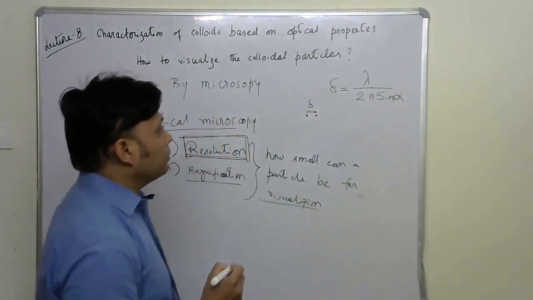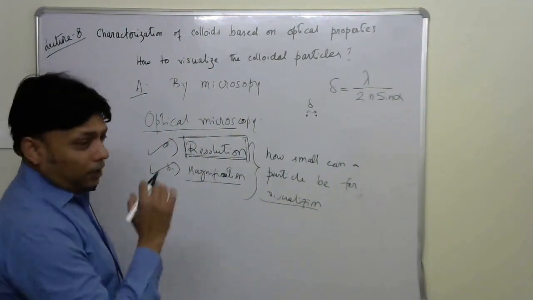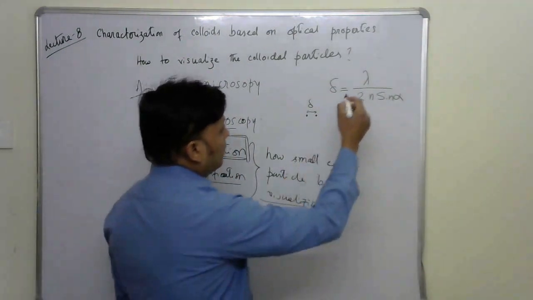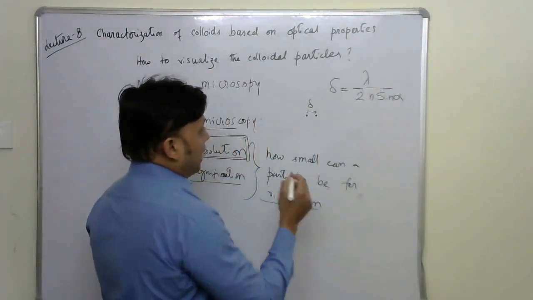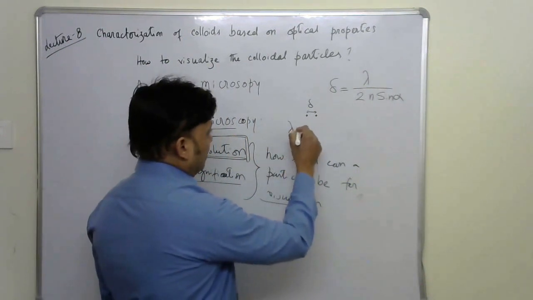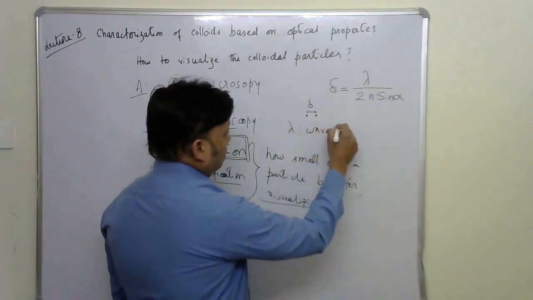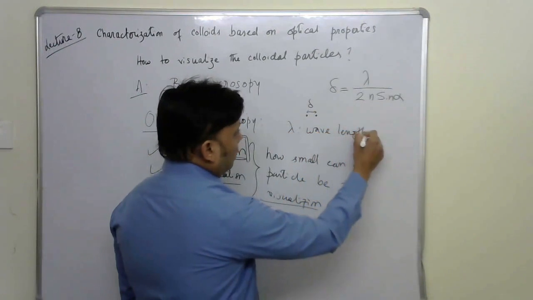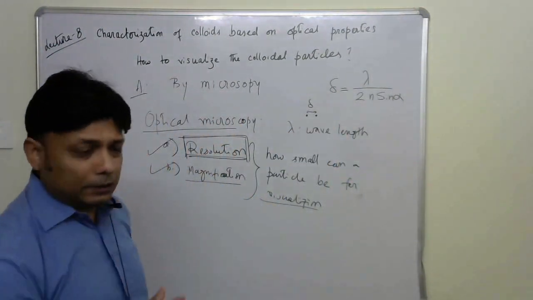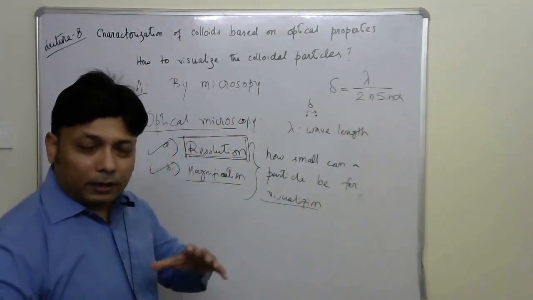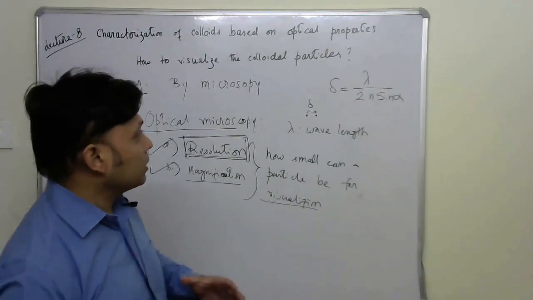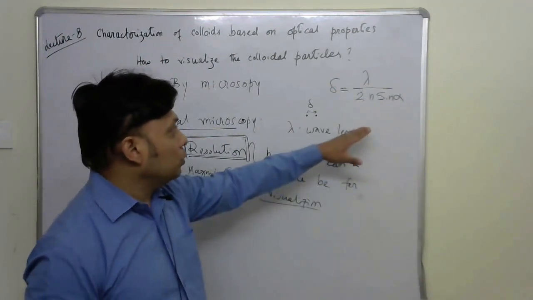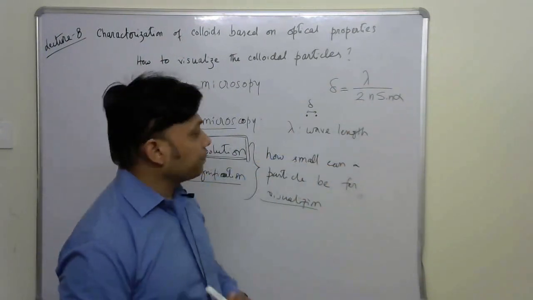Now I'm going to define what these terms are. First take a look at lambda. Lambda is the wavelength of the light or any other electromagnetic radiation we can use for microscopy.